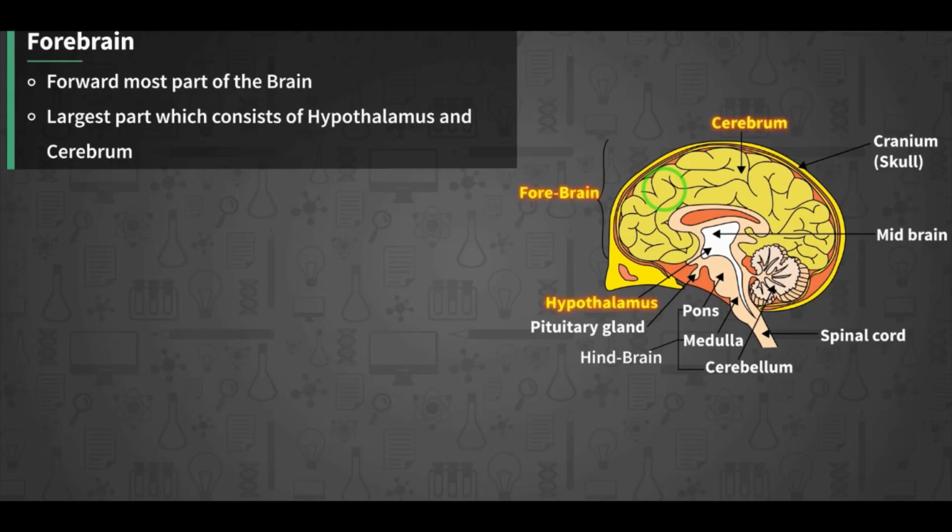What are the two cerebral hemispheres? The right cerebral hemisphere and the left cerebral hemisphere. Each cerebral hemisphere is divisible into lobes: the frontal lobe, parietal lobe, temporal lobe and occipital lobe.